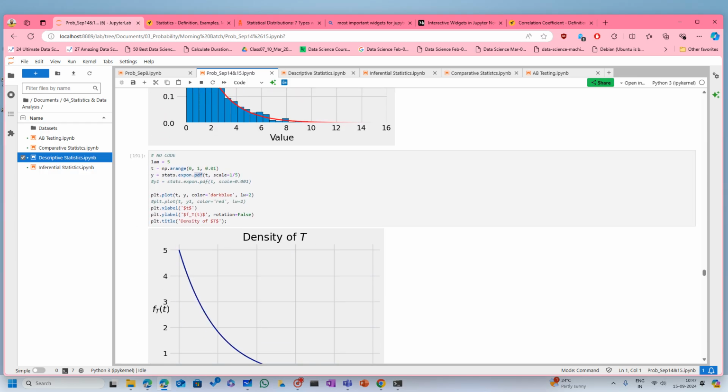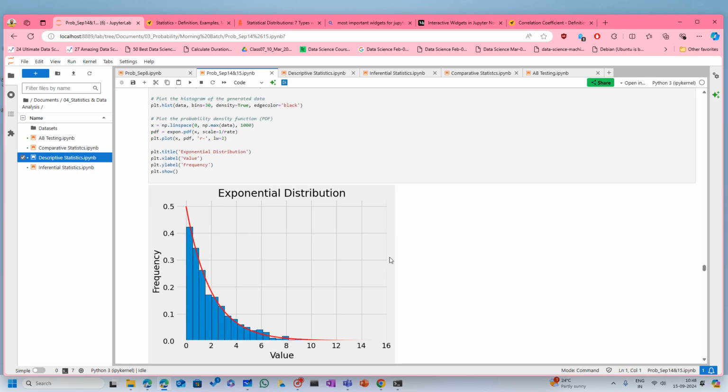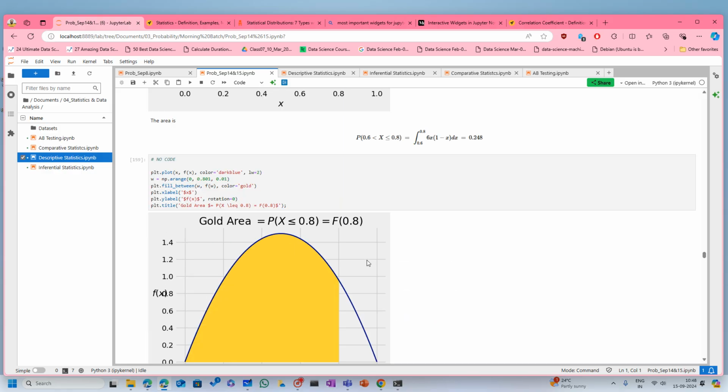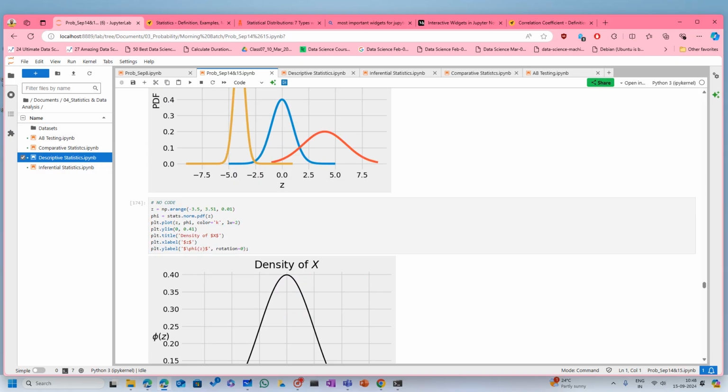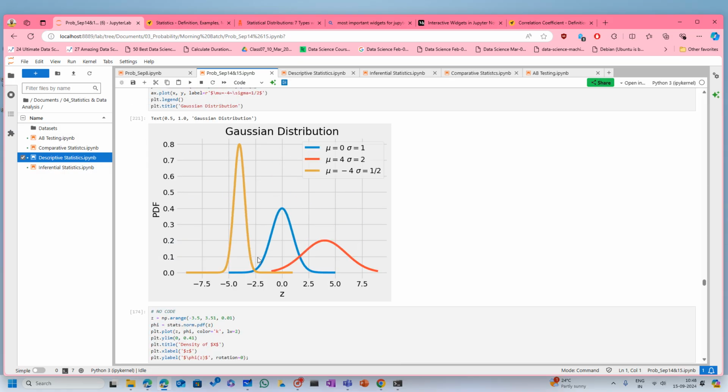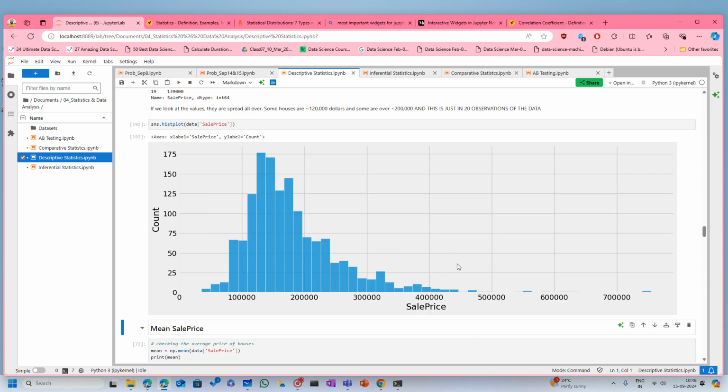But it is definitely not exponential. It is also definitely not Gaussian, because Gaussian will always have the spread of values in the middle, like this. It is definitely not normal, definitely not exponential.